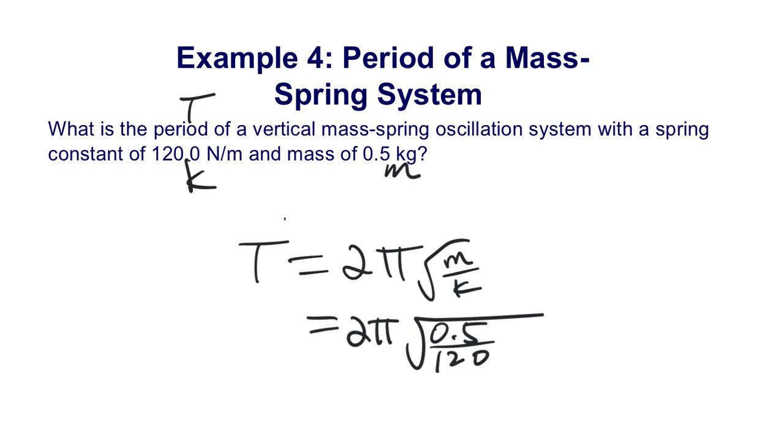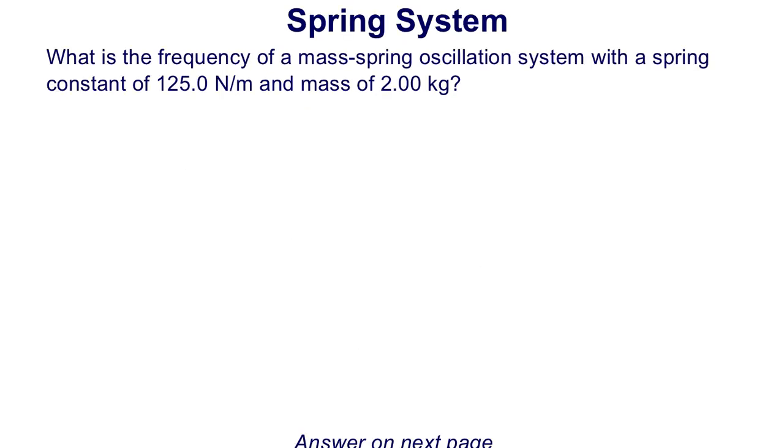When I do that, I'm going to get 0.41 seconds for the period. That's the time it takes to do one cycle.